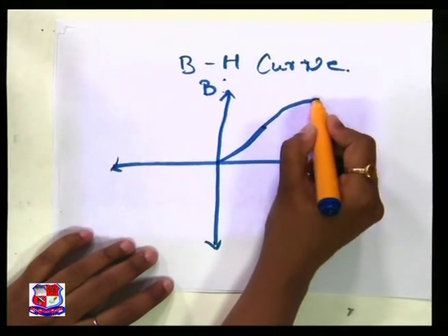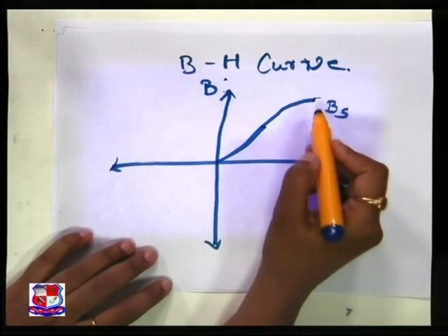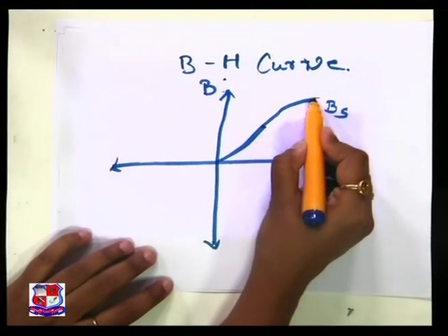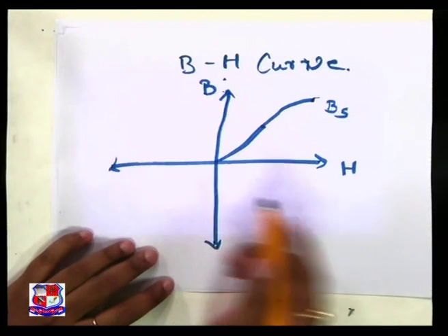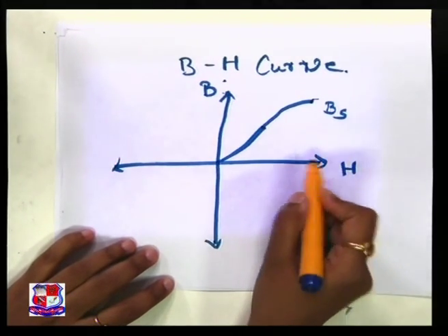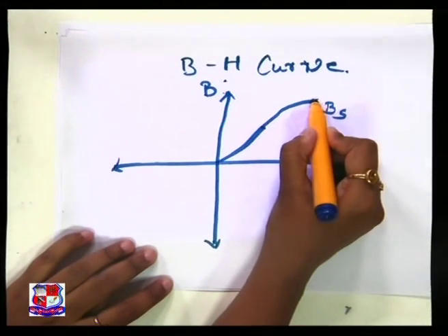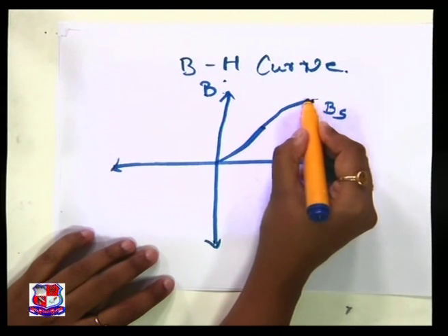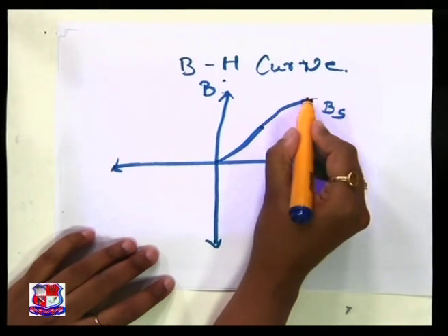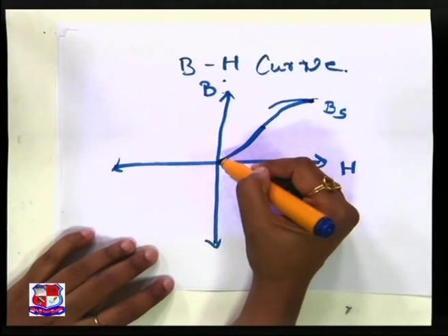So this is called the saturation value of B. At this point the magnetization in the material will be saturated. So now if I increase the external magnetic field further, I will get a constant value of B. If I now decrease H in the negative direction, it will not trace its original path.